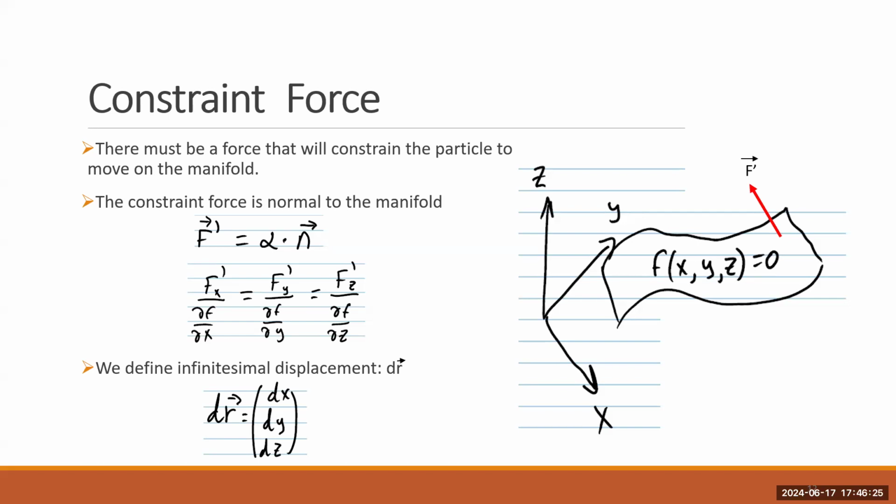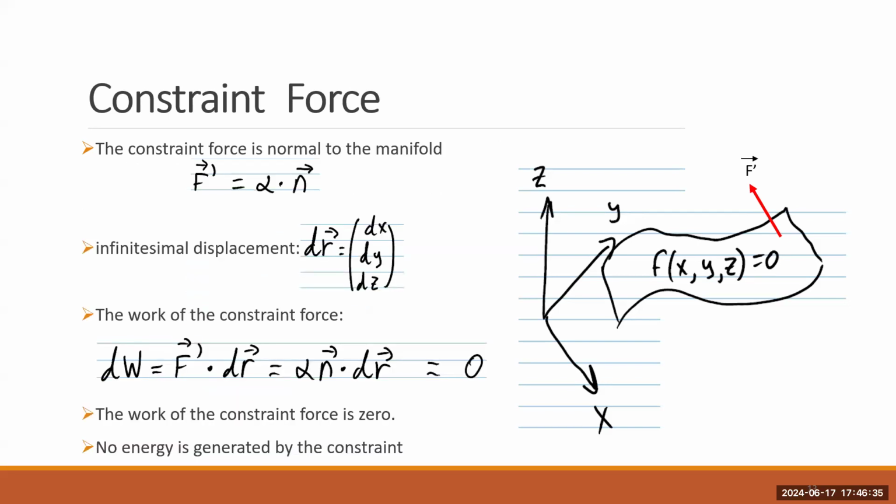We call this dr. So it moved a little bit in any direction, an infinitesimal movement. Then we have the force f hat equals alpha times n, and the displacement of the particle dx, dy, dz.